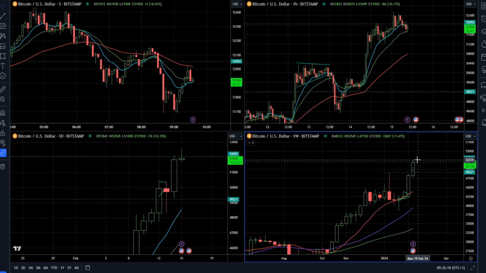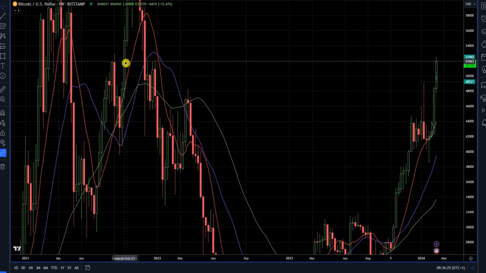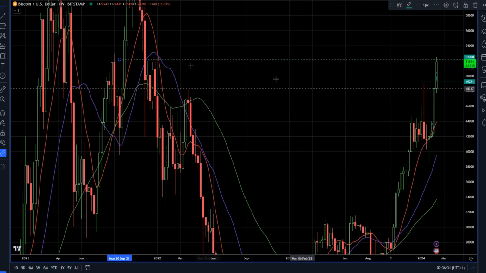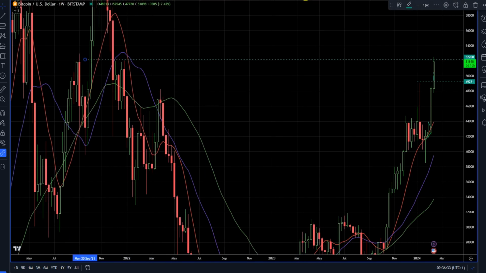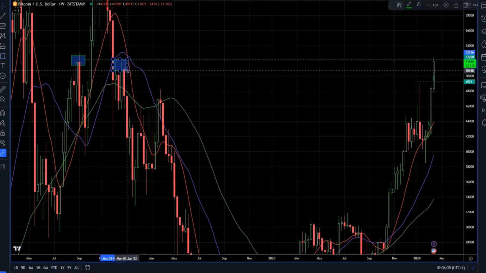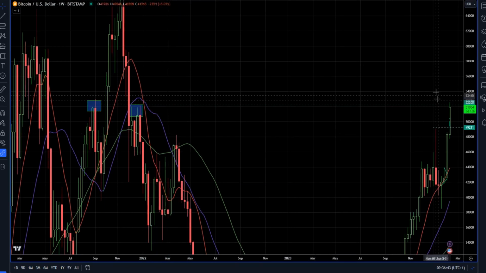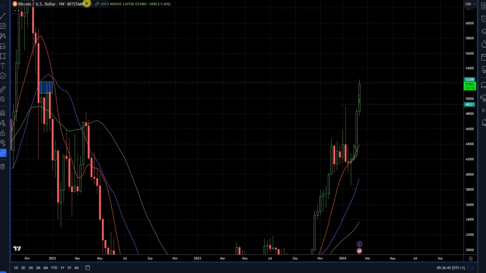Obviously, weekly is on a strong rally after the breakout of this multi-week consolidation, but I need to mention that this is a very important weekly pivot where we had this rejection. We have lots of swing highs and rejection, and this major consolidation after the initial drop. So this 52,000 is quite an important pivot mark.